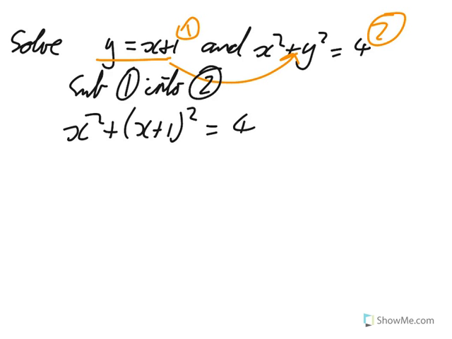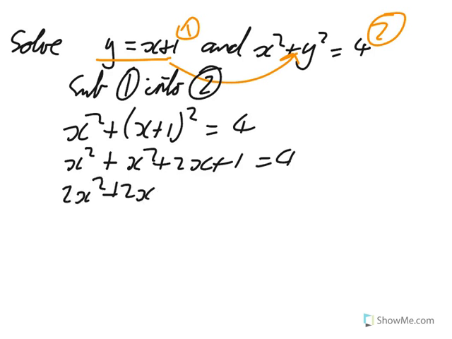Now from here, of course, we need to expand and collect our like terms to get ourselves a quadratic, so that's x squared plus 2x plus 1. So we've got 2x squared plus 2x minus 3 equals 0 on that one. This is something we're not going to be able to factorise easily, so we're going to have to use the quadratic formula.